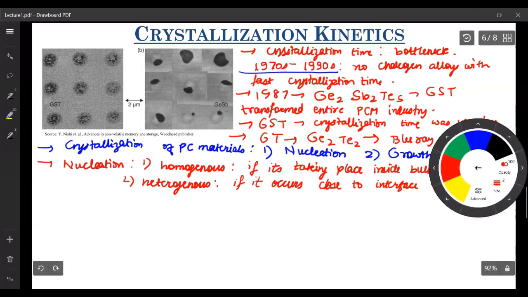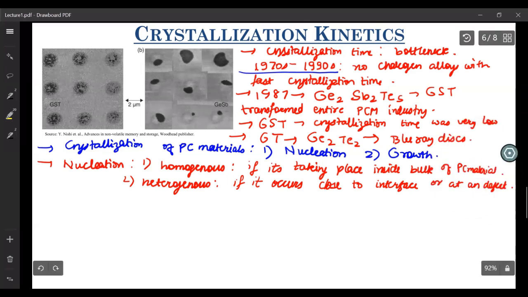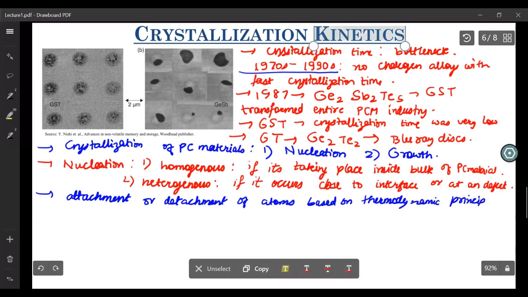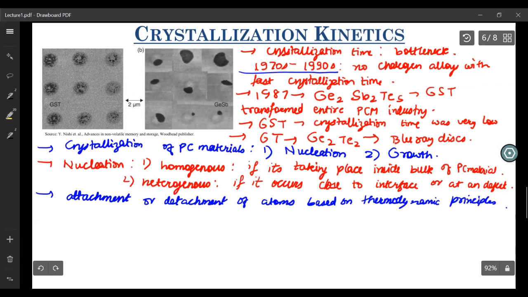And what exactly is nucleation? We discussed that it can be of 2 types, but what exactly is nucleation? Nucleation is nothing but attachment of atoms based on thermodynamic principles.